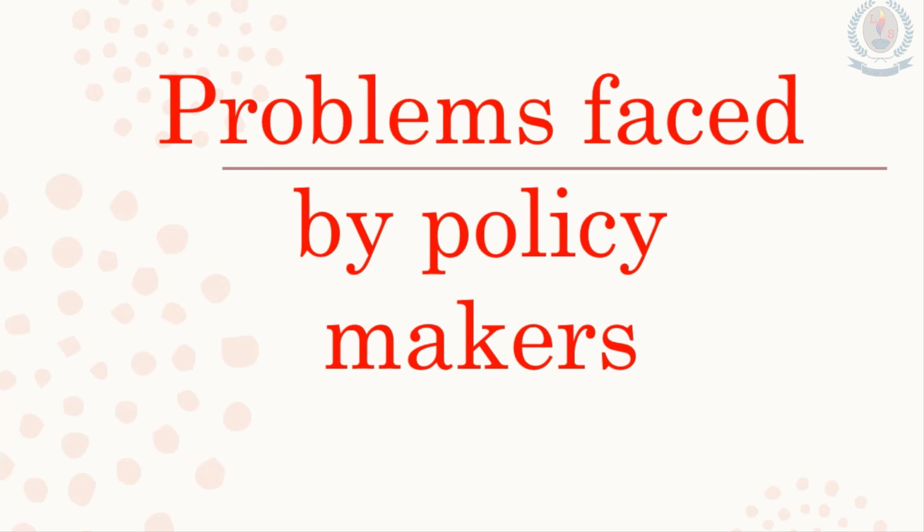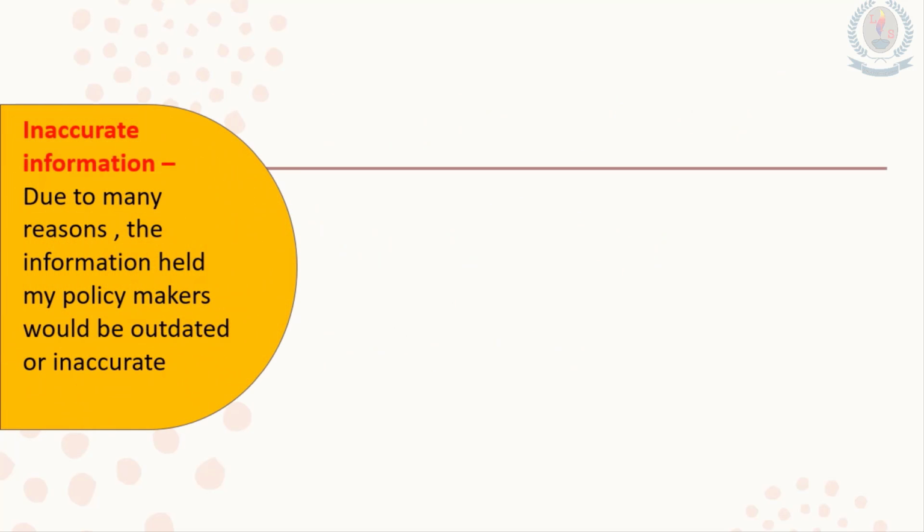Problems faced by policymakers. Let us now look at what are the problems that the policymakers face when developing government policies. Inaccurate information. Due to many reasons, the information held by policymakers would be outdated or inaccurate.